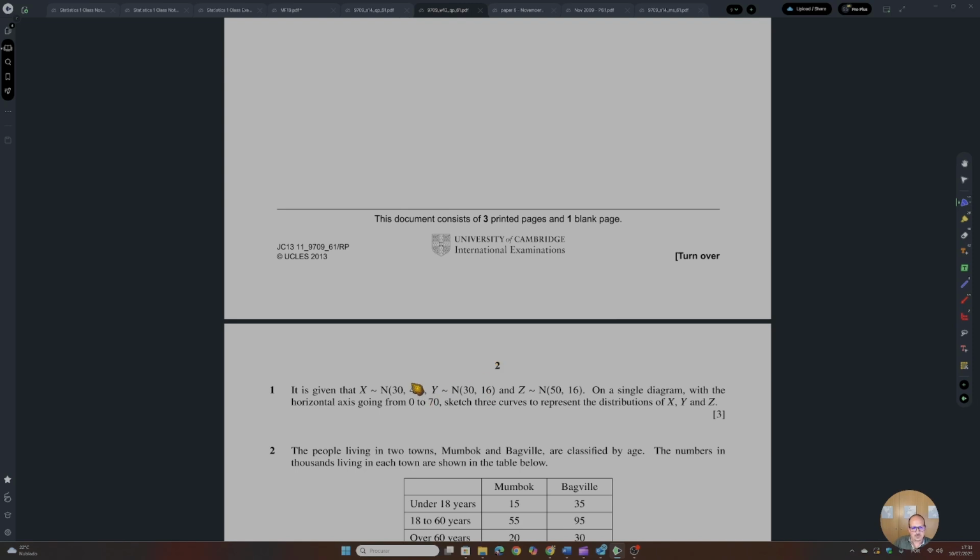Don't forget that the parameter that you have over here is the variance, and the standard deviation is the square root of the variance. If you now compare y and z, they will have the same standard deviation or variance. What is going to change now is the position of the mean. All right? So having this in consideration, what are you going to have?